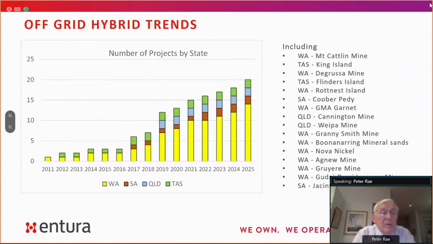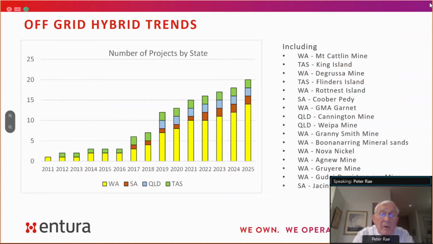Off-grid hybrid trends in the various states, the number of projects by state, and they're shown how it's grown since 2011 with a very small total through to the current time when it has just on 20 projects by the state, and then there's a whole list of those.